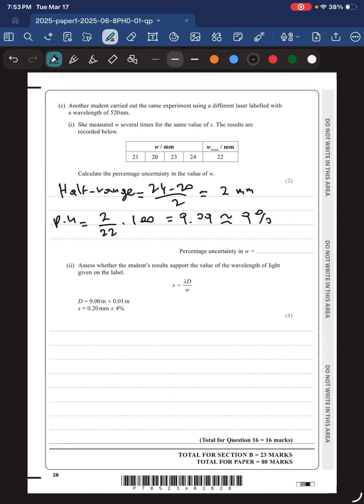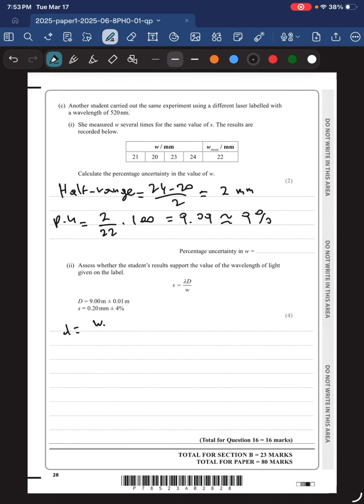Okay, now question 2. Assess whether the student's results support the value of the wavelength of light given on the label. Okay, so first of all, they give us how S is related to lambda, D, and W, so we can solve for lambda.